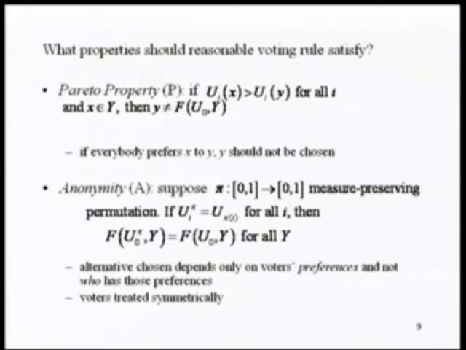Either somebody prefers you to me or me to you, so there can't be two that satisfy that first property. Therefore, if everybody prefers you to me, then I should not be chosen. Yes, that's right. But once I'm eliminated by that rule, then you may be next in line.